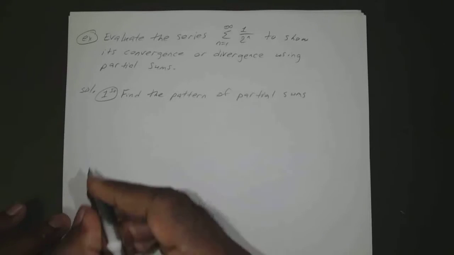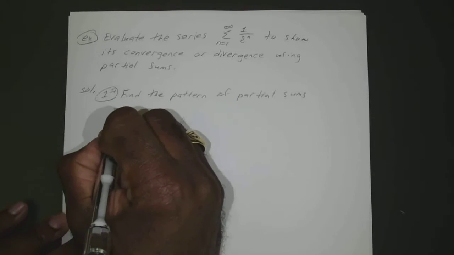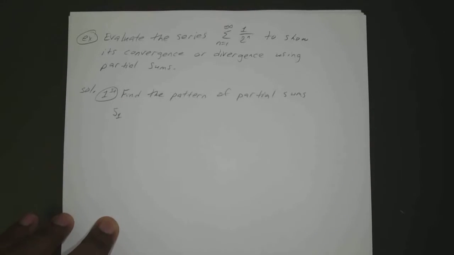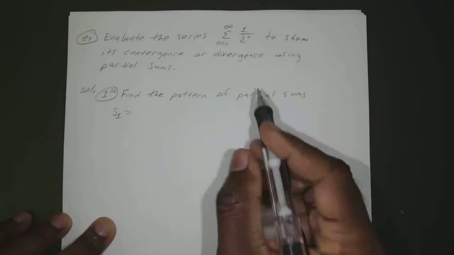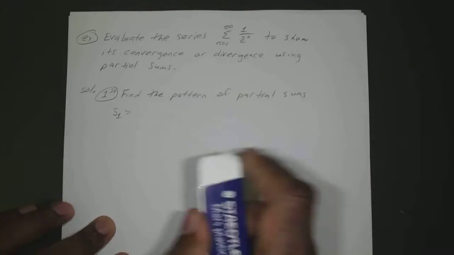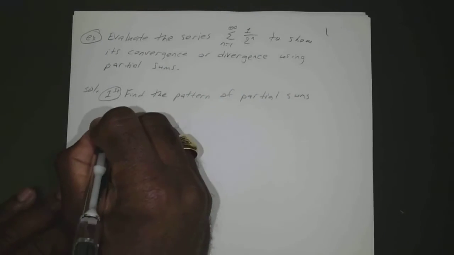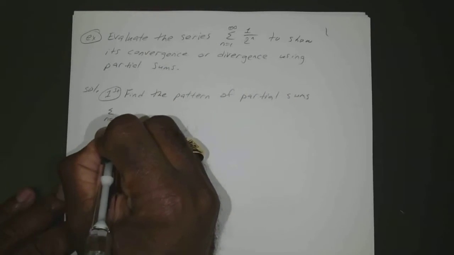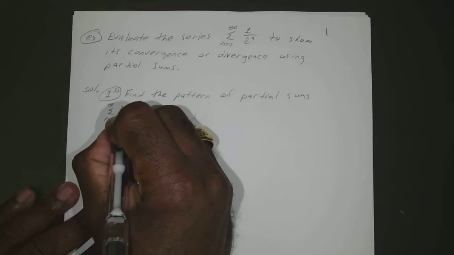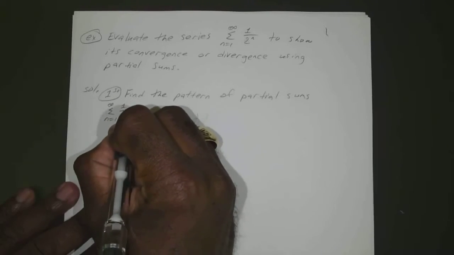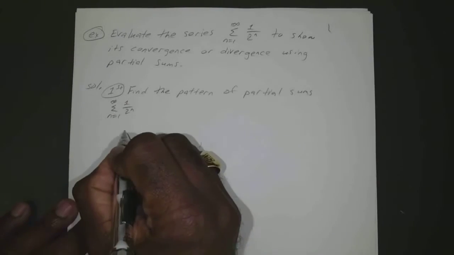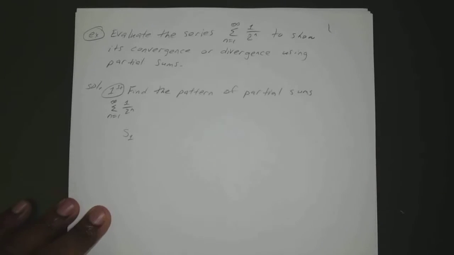Okay. So that means we start off with our first partial sum, which is really just plugging in 1. Actually, let me write that down here. The sum from n equals 1 to infinity of 1 over 2 to the n. S of 1 is just your first term.